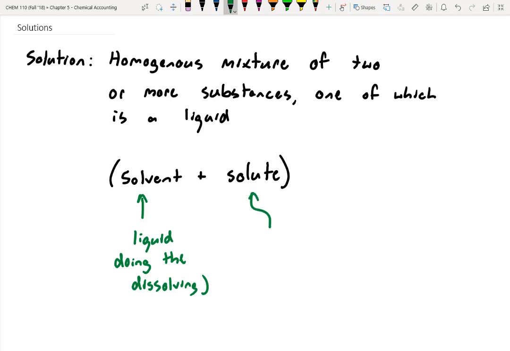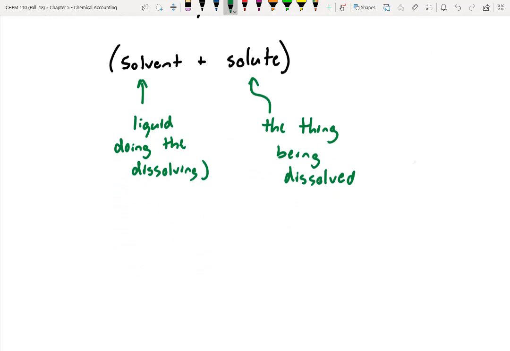This is the thing being dissolved. All right, so you can have more than one solute. For example, if you're in the hospital and you're getting an IV bag, chances are there's a bunch of different things dissolved in that water solution, right? However, the key thing is you've got a liquid dissolving some solute or multiple solutes.